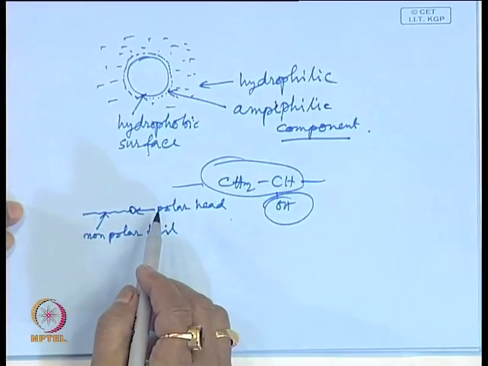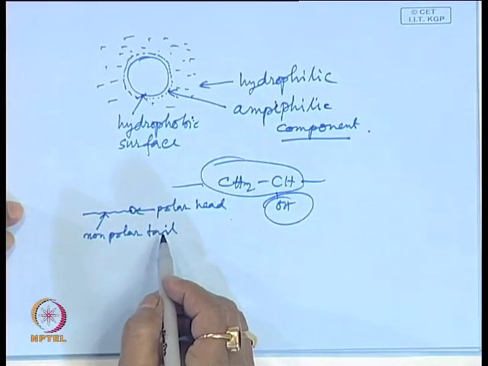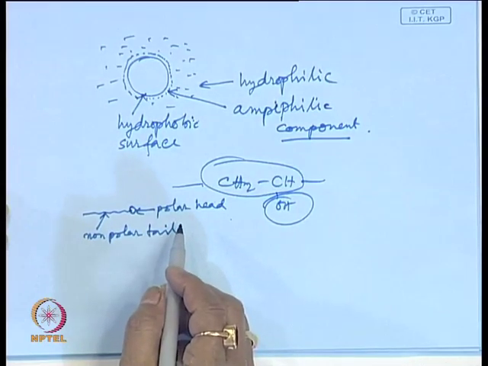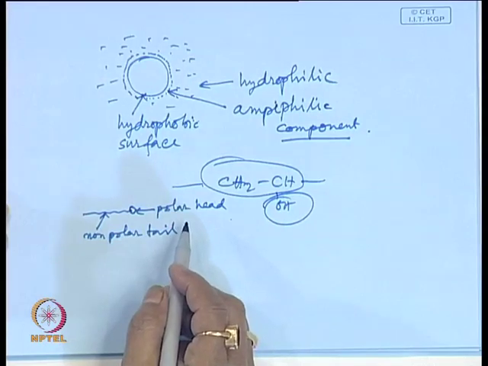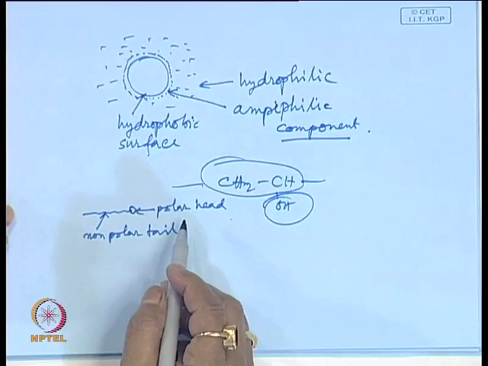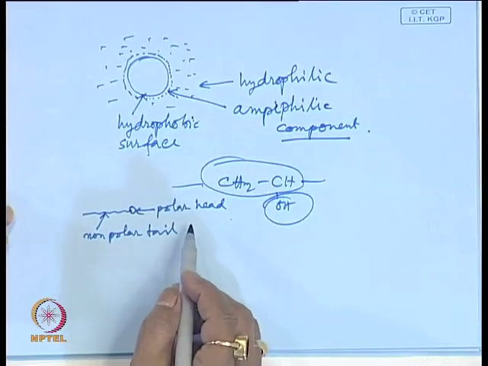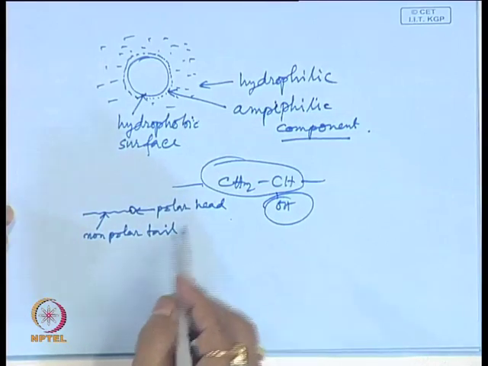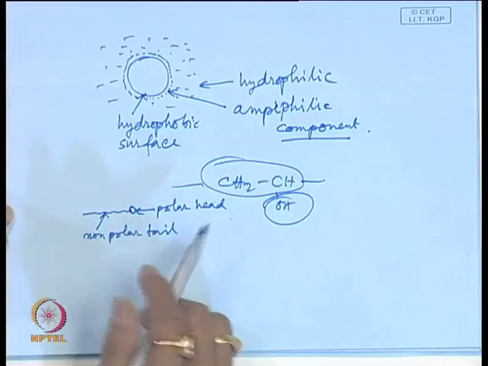Polar head and non-polar tail is soap, say soap of some fatty acid, sodium salt of some fatty acid, that is soap. Because how are soaps made? Fatty acids are taken from vegetable oils, okay. Those are saponified by adding caustic alkali. So, the soaps are formed.